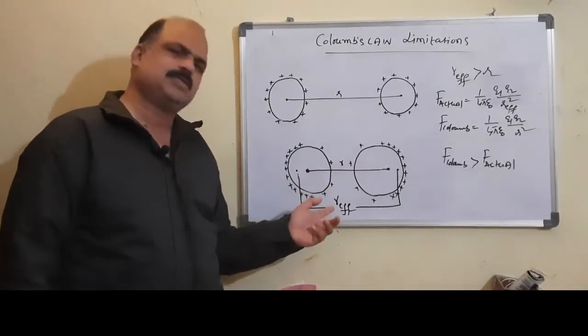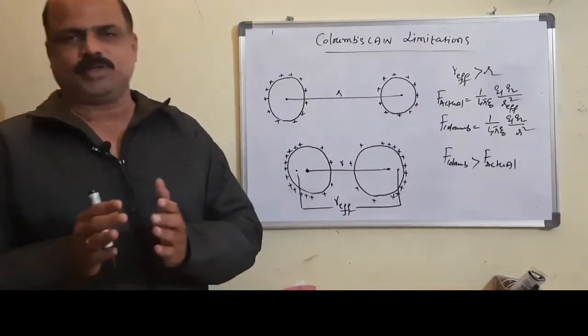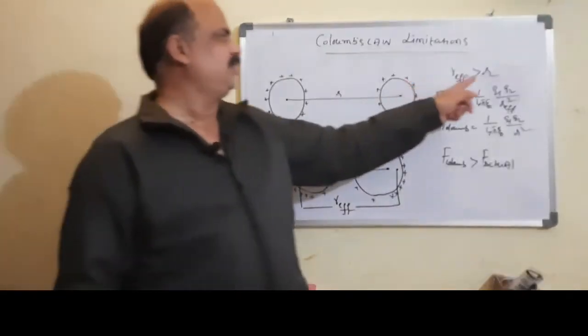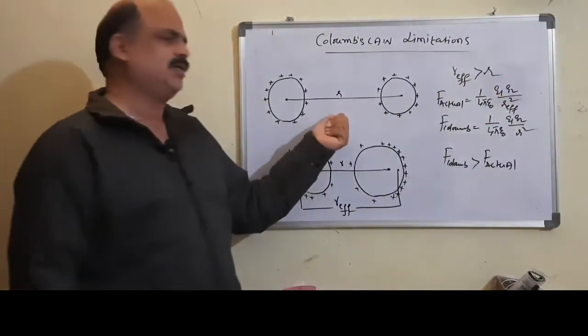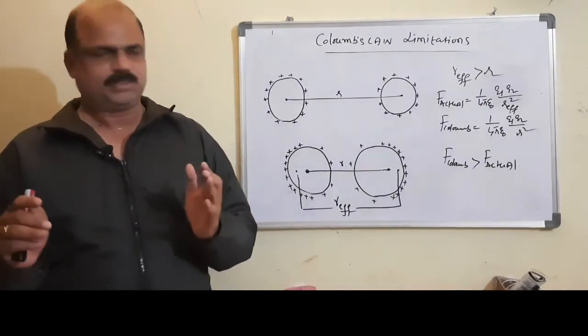As a result, the effective separation between the conducting charged spheres increases. R effective is greater than r. r is nothing but the initial distance between the centers of the conducting spheres.